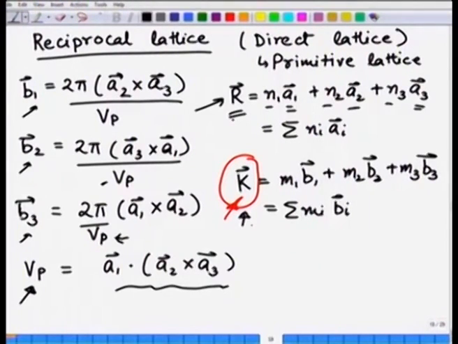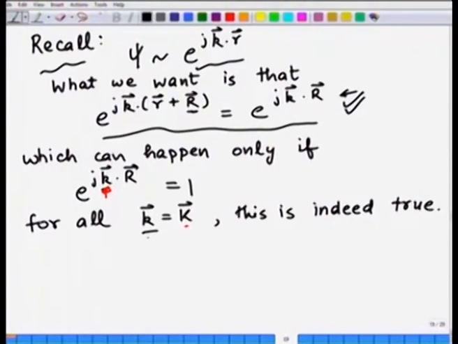So, small k clearly, this capital K vector clearly belongs to a reciprocal space, as does this small k vector, we know it belongs to reciprocal space, and so does capital K. If these two become equal, then this relationship which is shown here becomes true. So, this is the reason why we have generated this K vector in a form as we have, and you please try that. Substitute capital K in this expression and see indeed if it gets 1 or not by choosing B1, B2, B3 as we have.